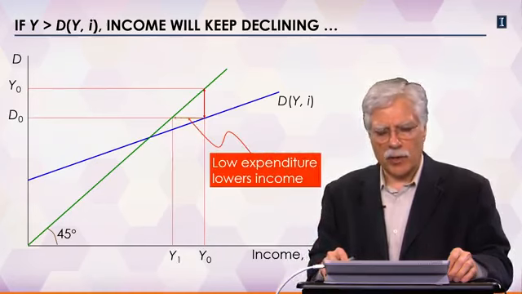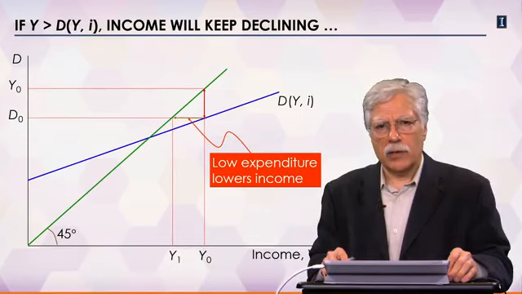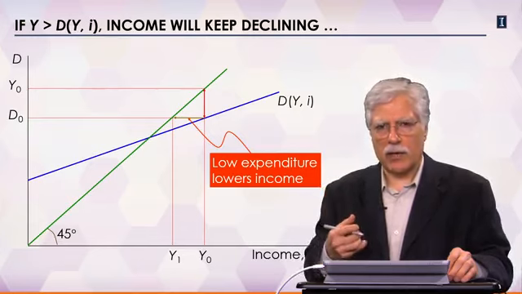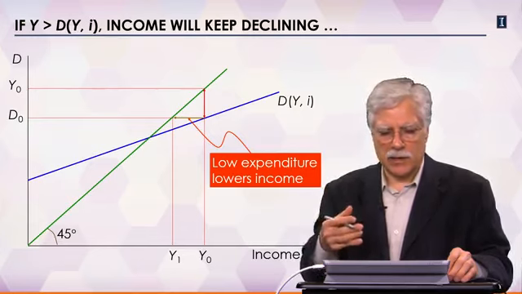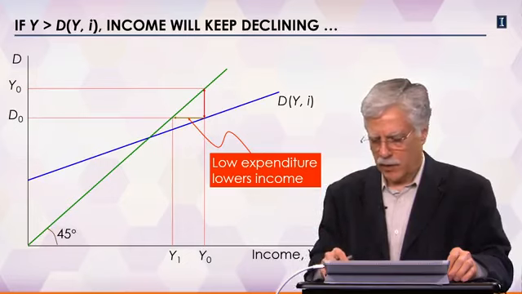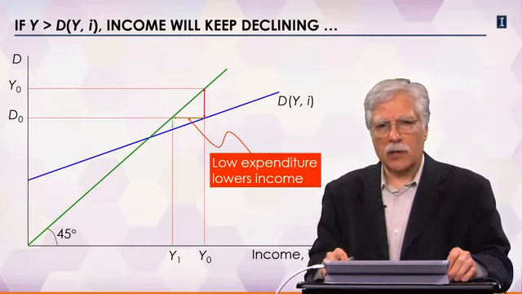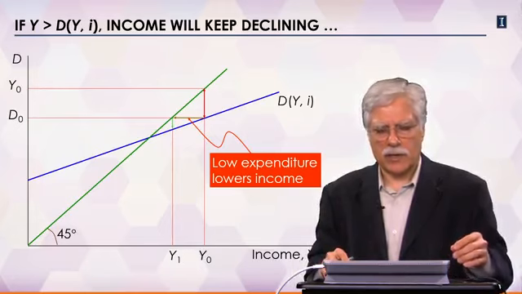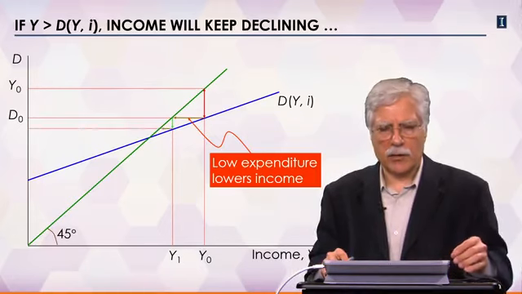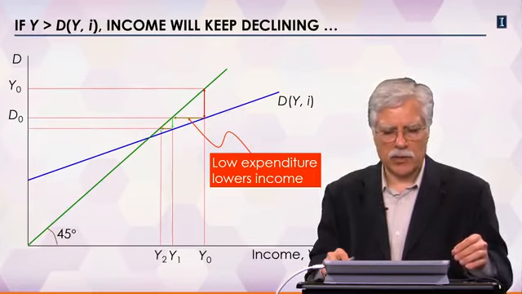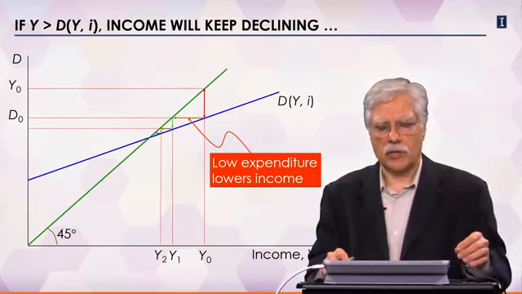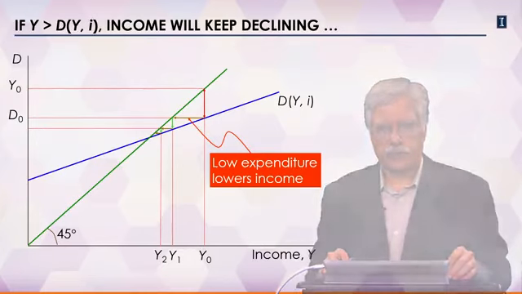And at y1, again, income is bigger than the aggregate preferred expenditure, although there's less income, and people cut back on their expenditure, but still there's a gap between expenditure and income, and as a result, there's going to be excess production that needs to be cut. Once that's cut, income drops, expenditure drops, income drops, and that drives the economy towards the crossing point.